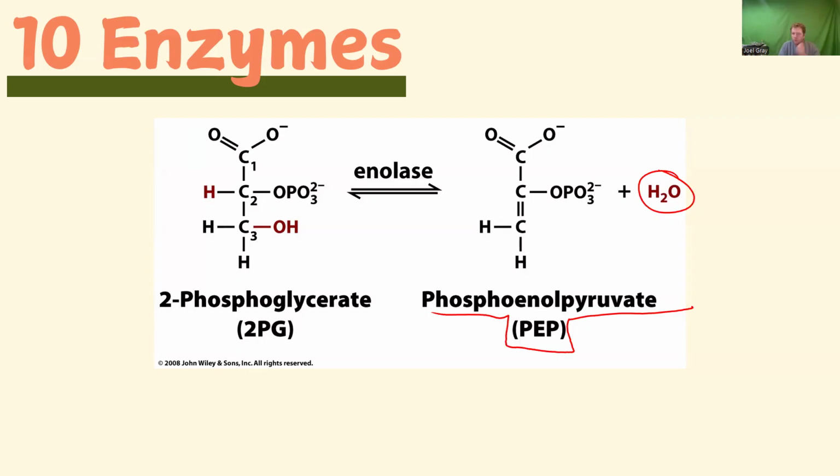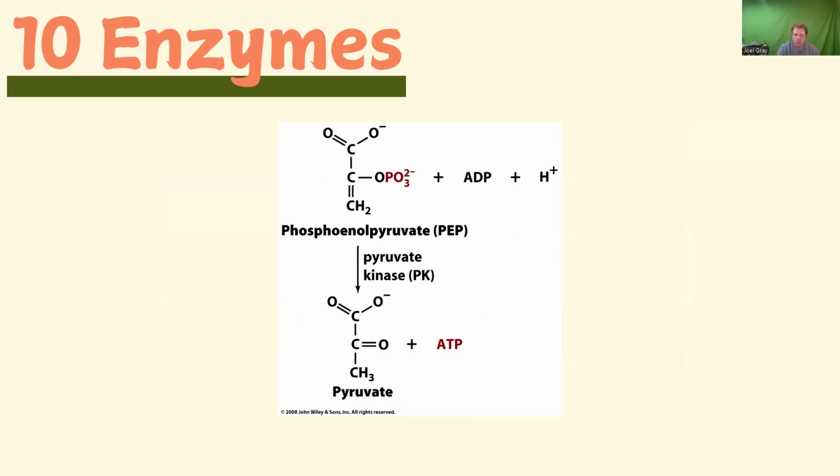Whenever we are generating this water, this enolase is a lyase. The important thing here is that this is not a hydrolase, because we're not breaking a bond by adding water. Instead, we're releasing water. So this enolase is a lyase.